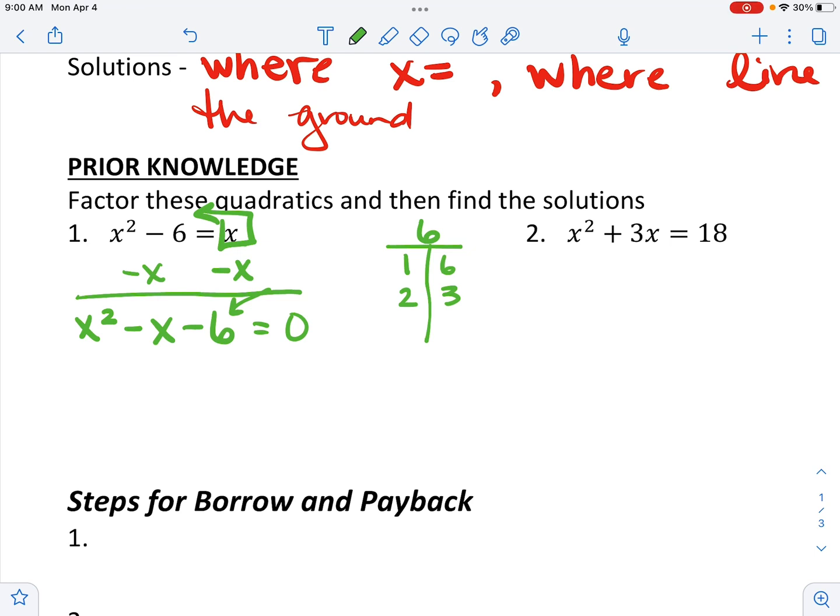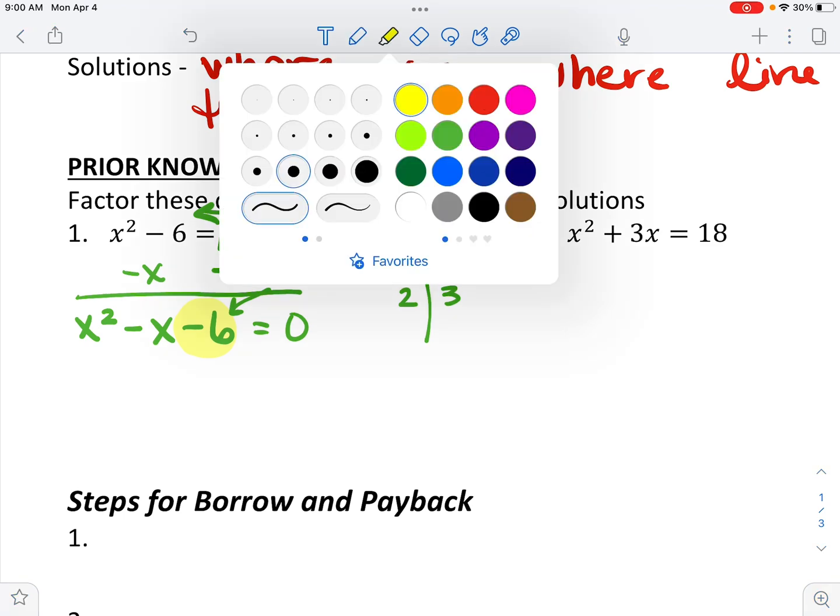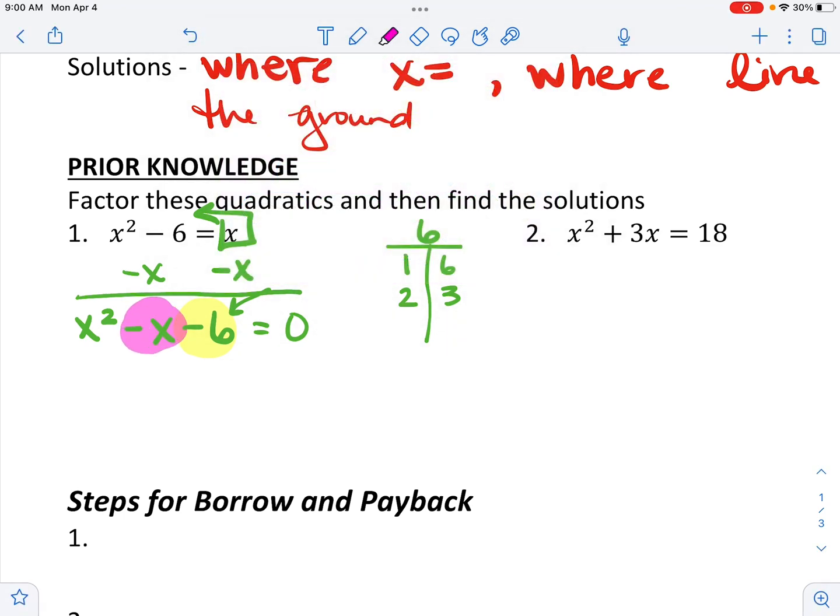Now, because this c is negative, if we recall from our practice, you can also get your notes page out, one of them has to be positive and the other one has to be negative. Because the b, the middle term, is also negative, that means the larger number is going to be negative. So we have these two are going to be negative, these two are going to be positive.